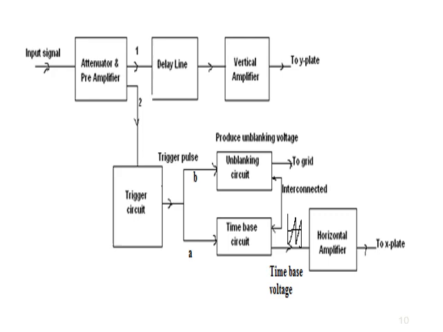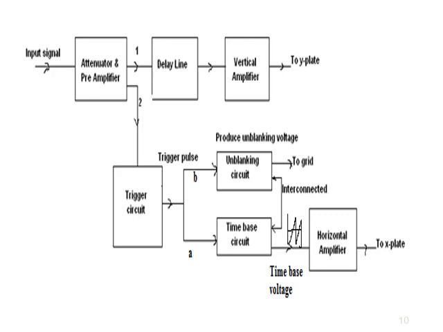When it reaches a certain level, the trigger circuit produces the trigger pulse. This trigger pulse is fed to two circuits, the unblanking circuit and the time-base circuit. It acts as a command signal to the time-base circuit to start the time-base voltage.